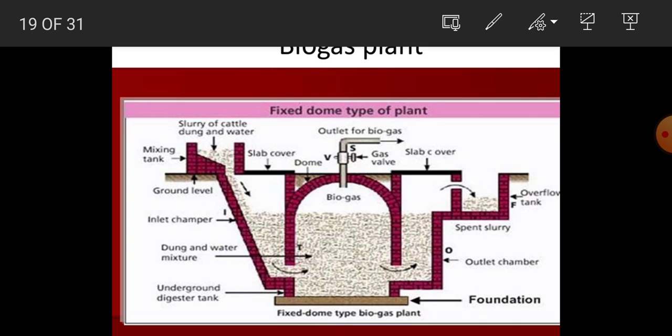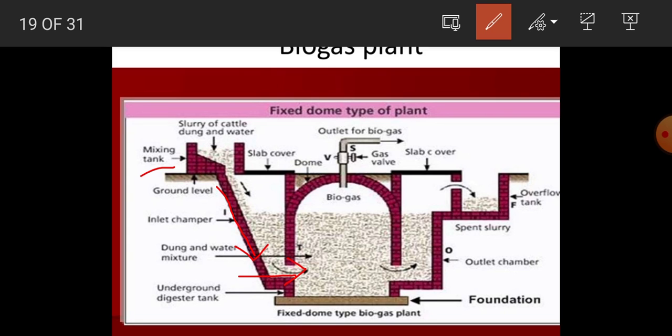In this biogas plant, the slurry of cattle dung and water is mixed in the mixing tank, and after that it is moved to the inlet chamber, and it is then moved to the digester where the biogas is produced with the help of decomposition of this slurry with the help of bacteria.